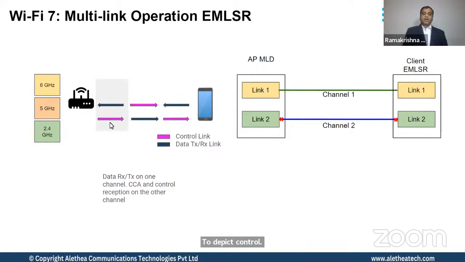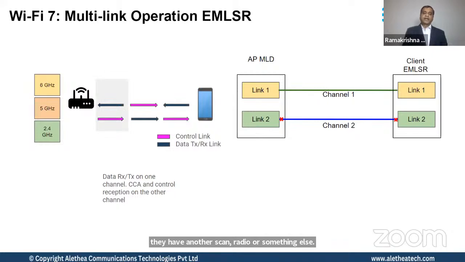So how this works is that the client or the AP that has more than one antenna may have another scan radio or something else. It's left to the implementation.